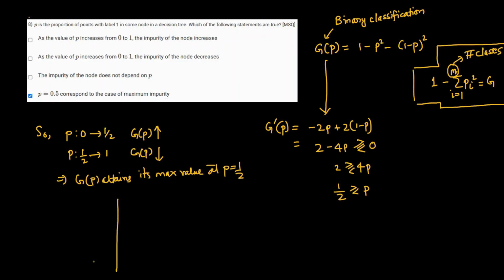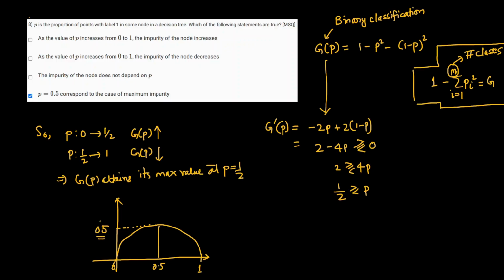In fact, the graph of the GINI index looks similar to the graph of the entropy. It will be something like this, where this is 0.5, this is 1, this is 0, and at 0.5 it takes the value 0.5.